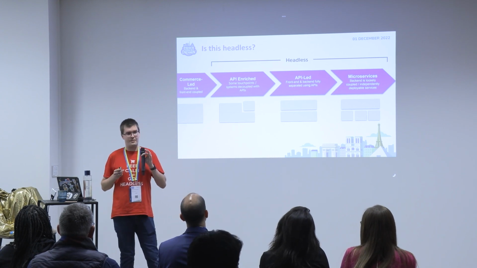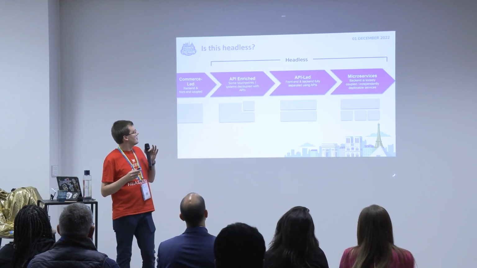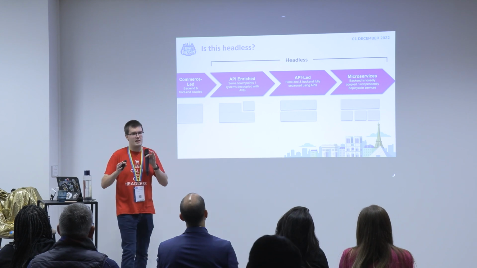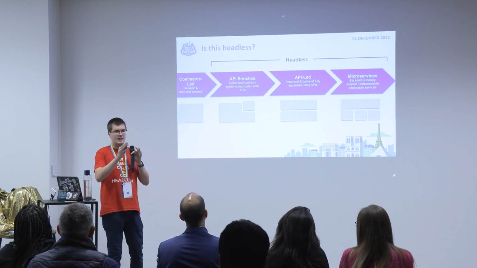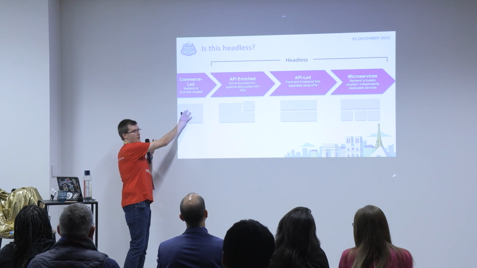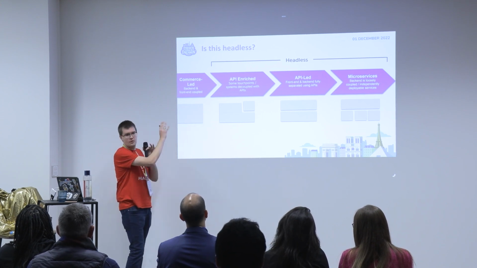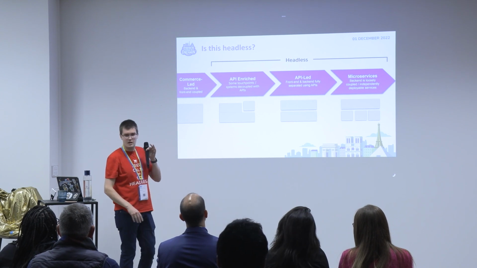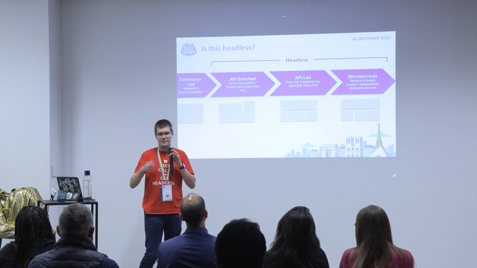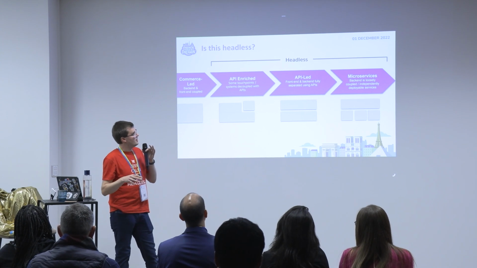There's a lot of different ways that you can go headless. Let's start at, if we take Commerce Cloud or we're looking at Experience Cloud, we're here in the left area. Everything is on one system. There's no REST APIs talking to each other. There's no need to, you're doing everything on the same platform.